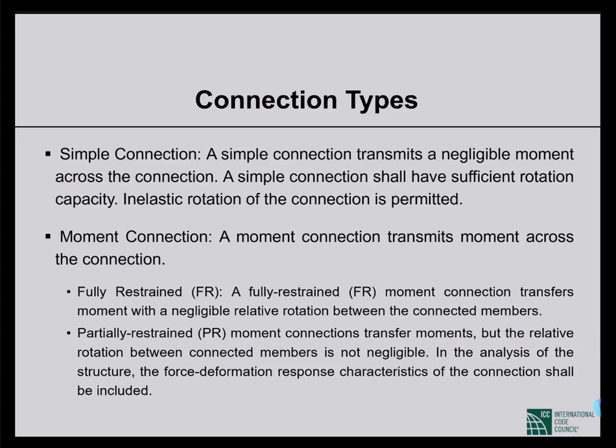In between, there was a time when AISC used to classify connections in three types: simple, fully restrained, and partially restrained. And in BNBC 2006, it was probably simple, rigid, and semi-rigid. But now there are two types of connections: simple connection and moment connection, and moment connections are then classified into two types: fully restrained and partially restrained.